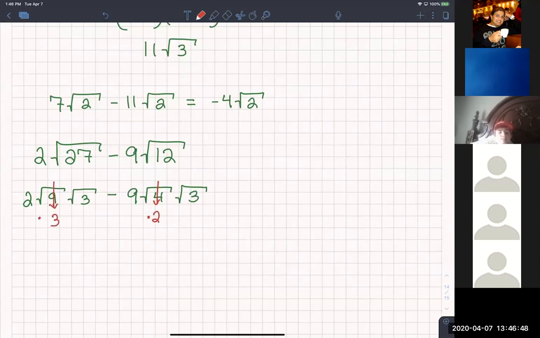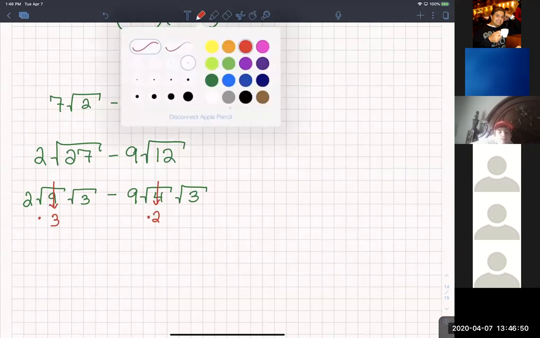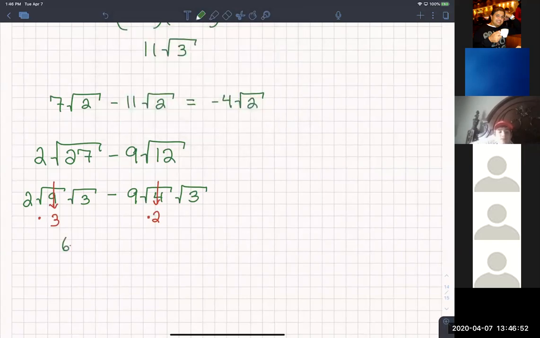So 2 times 3 is now 6 root 3, and 9 times 2 becomes 18. Now, can I add or subtract these in this case? Yes. And what do I get? Negative 12 root 3.